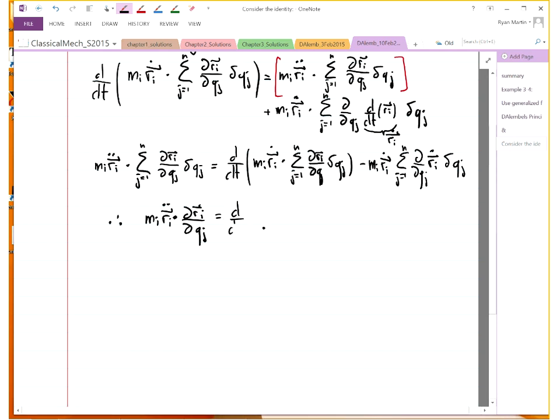And on the other side, I'll have d/dt of m_i r_i dot dotted with ∂r_i vector by ∂q_j, and then the last term minus m_i r_i dot vector dotted with ∂r_i dot by ∂q_j.